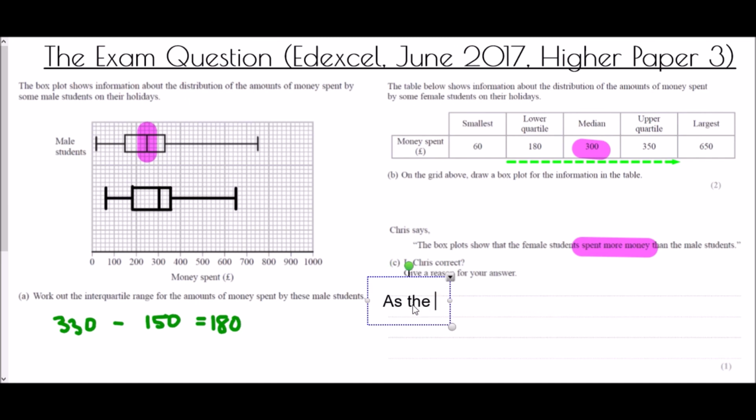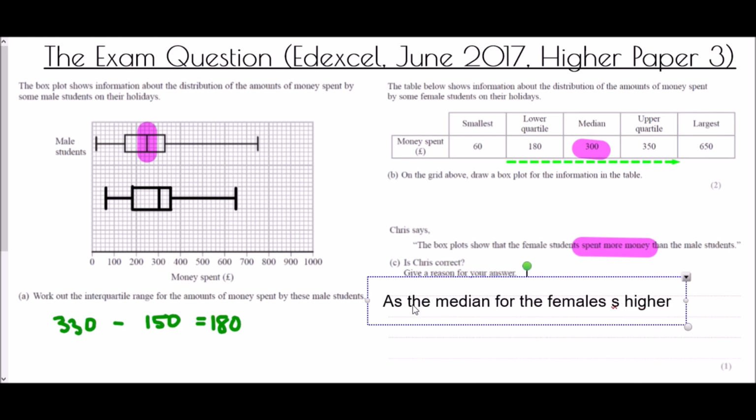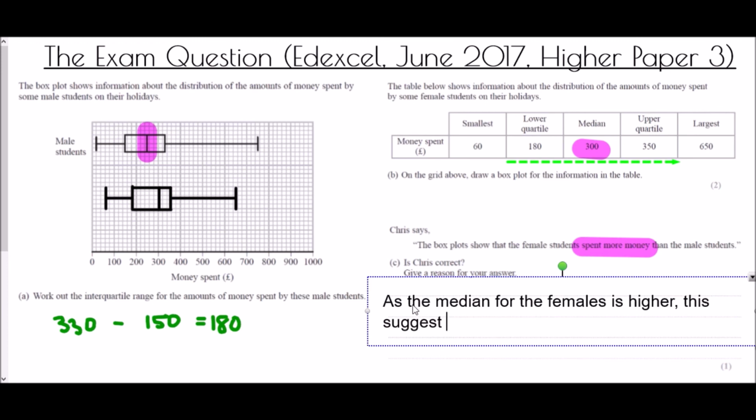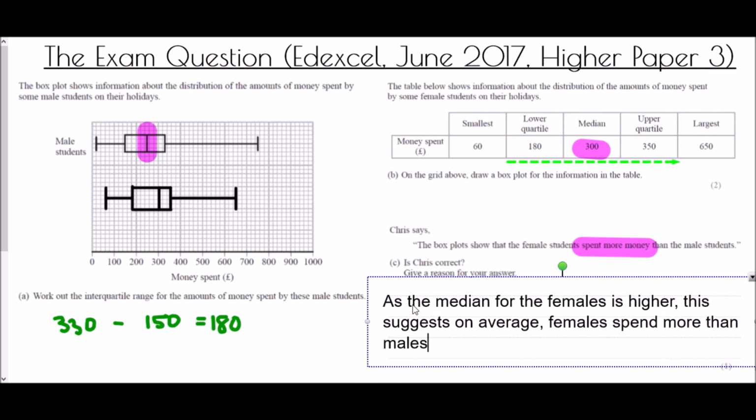And so I'm going to say, as the median for the females is higher, this suggests on average females spend more than males. I've used a bit of context because I've talked about spending, and I've used a correct mathematical explanation. I've used the medians to discuss who is spending more.